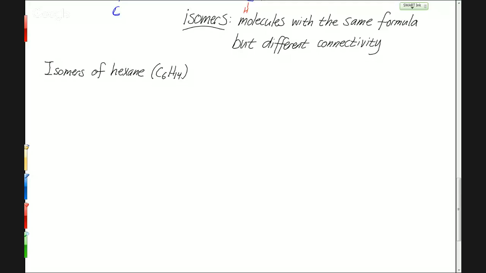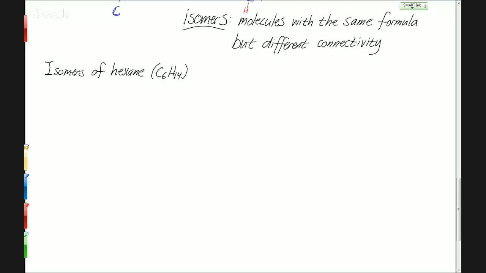What else? We still got way too many up here. So what other ones might be the same? The ones with 5. So this one and this one. Let's take a look at it. So we go 1, 2, 3, 4, 5, and then the 6th carbon down there.